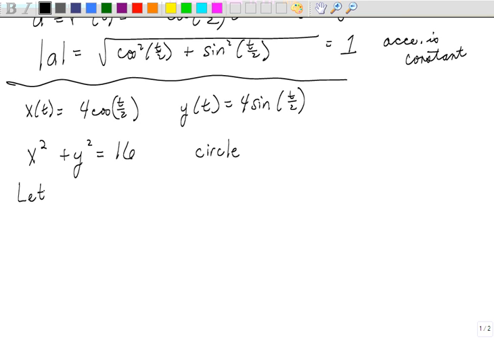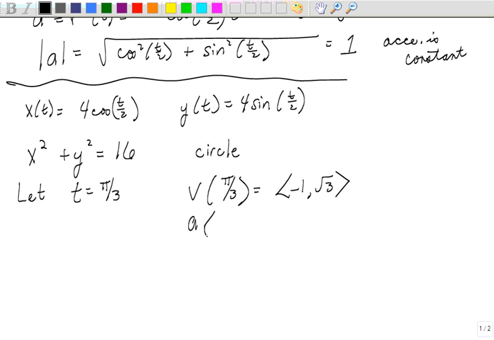If we let t equal pi over 3, let's just take a specific example, then plugging pi over 3 into the velocity gives us -1, square root of 3. And if you plug it into the acceleration, we get negative square root of 3 over 2, negative a half.